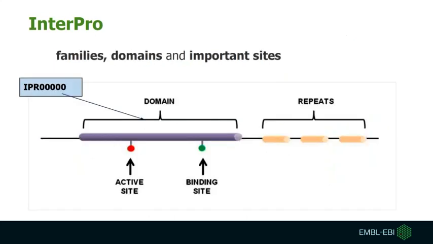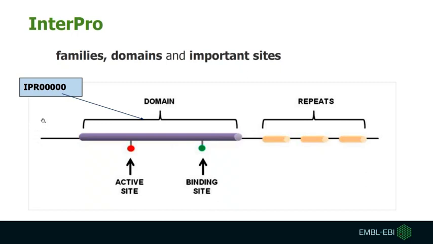If you have a protein sequence, imagine that you have a linear sequence, InterPro would be able to identify regions on the sequence and give them particular names to associate them as families, domains or important sites.